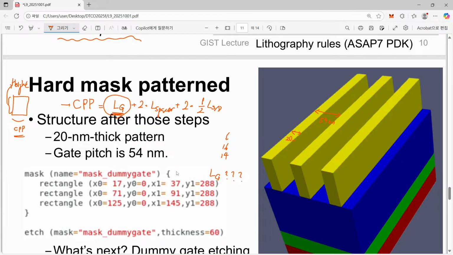We had a one-week-long online lecture due to my business trip, and I have been in Munich, Germany, to attend the ESSERC conference, and there was a presentation by Huawei, and they say that maybe with this silicon technology, the minimum gate length we can achieve would be about 12 nanometer.